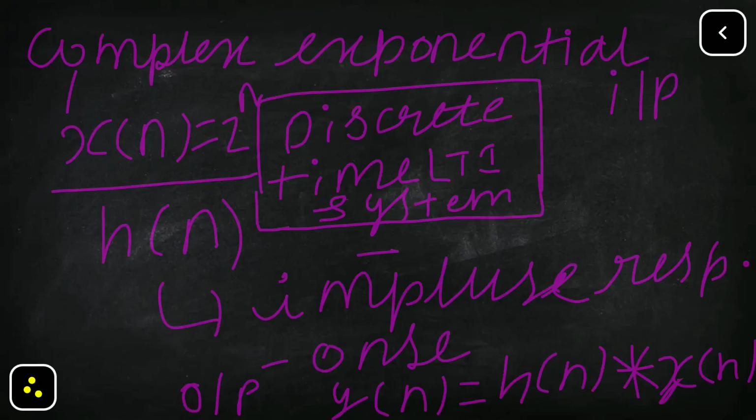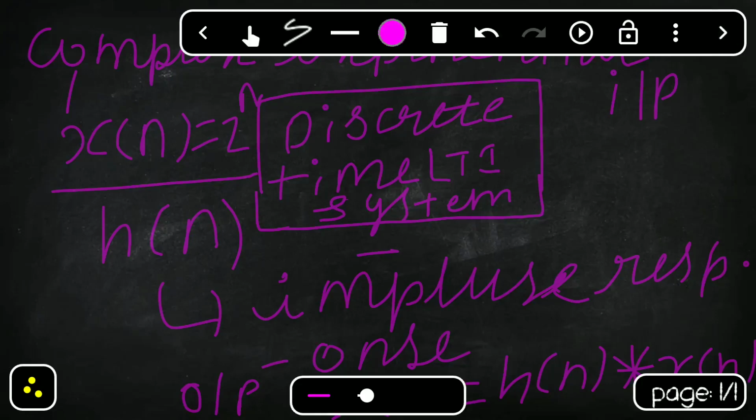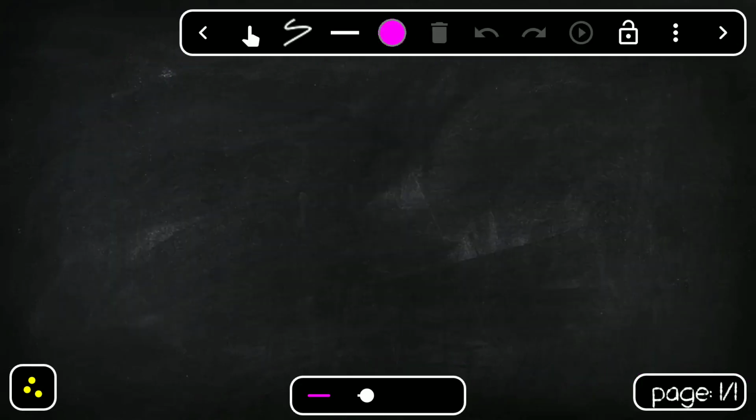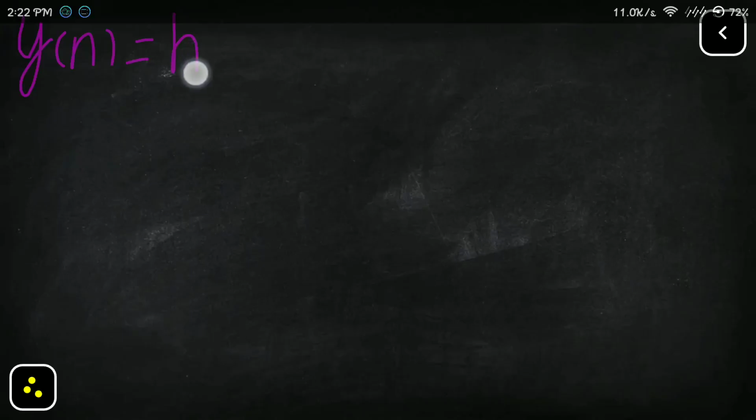So now your y of n would be equal to h of n into x of n. I'll rewrite that again and show you. So y of n is equal to h of n into x of n, right?